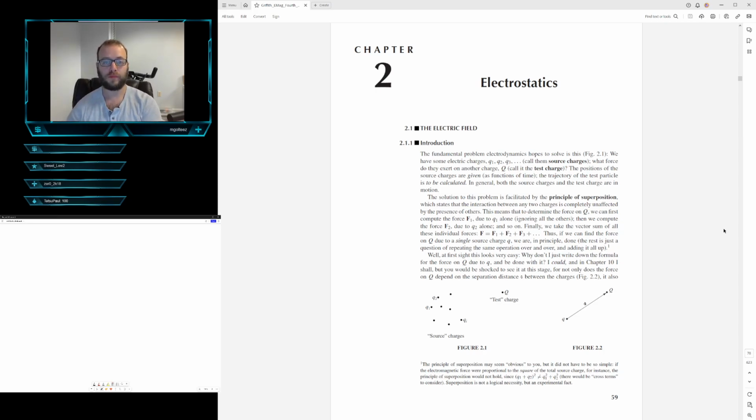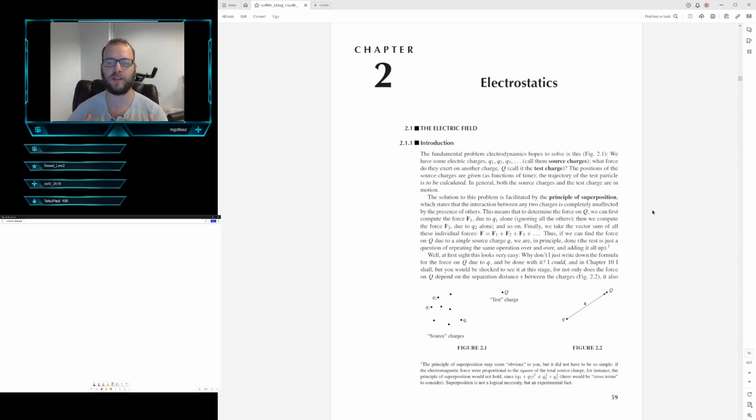So we want to know what the force is. First we want to start with defining the position vector between the sources and the test charge.